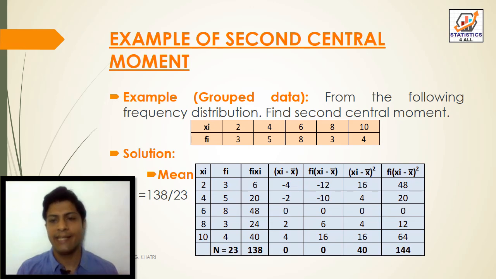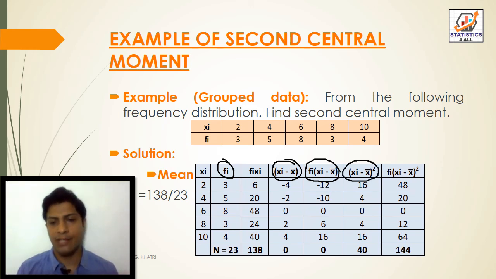After finding (xi minus x bar) whole square, we have to find fi into (xi minus x bar) whole square.